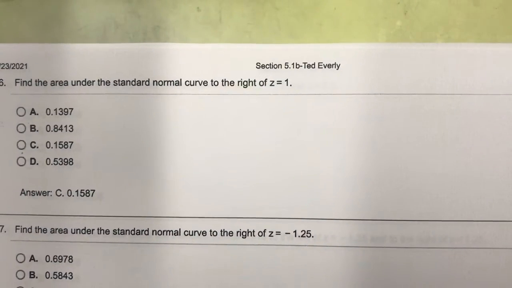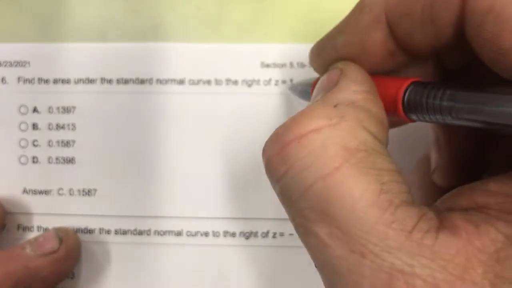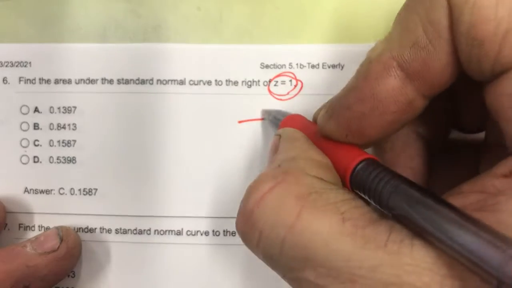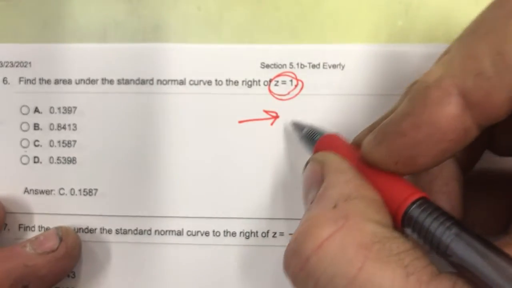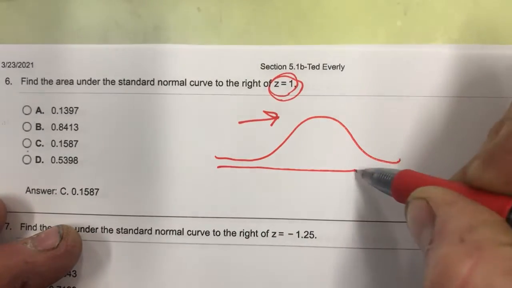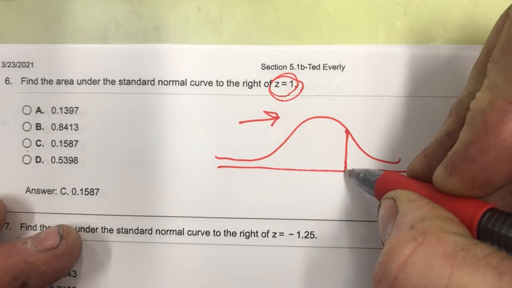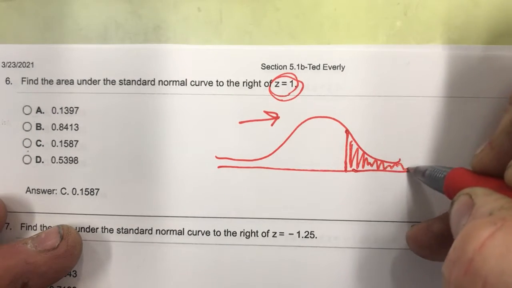Number 6. Find the area under the standard normal curve to the right of this. To the right means I'm going to have to look this up, and then I'll have to do 1 minus that. So here's my curve. Here's 1 right here, and to the right, this is what I'm wanting.